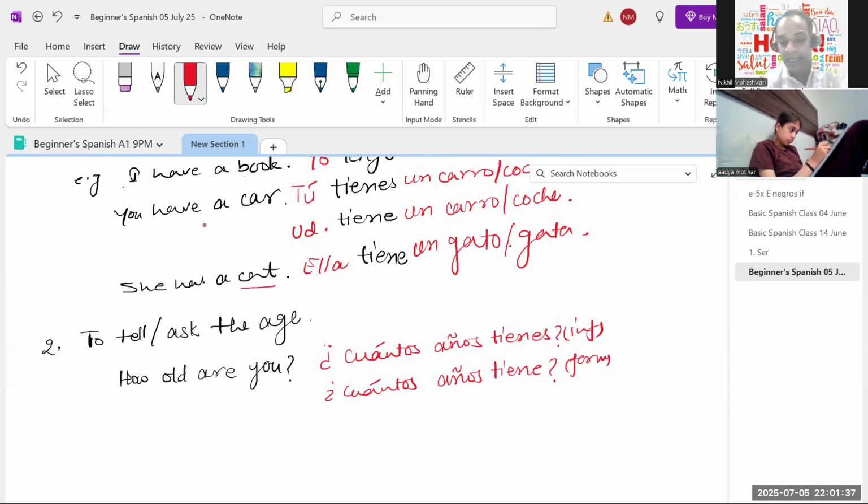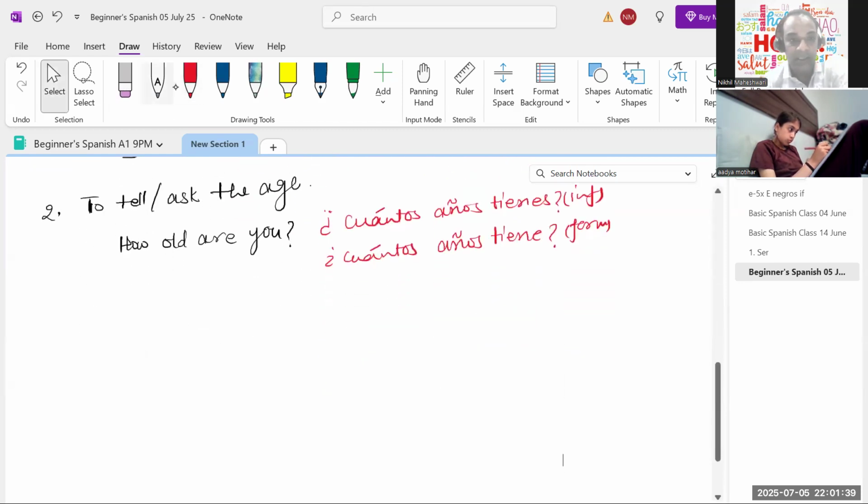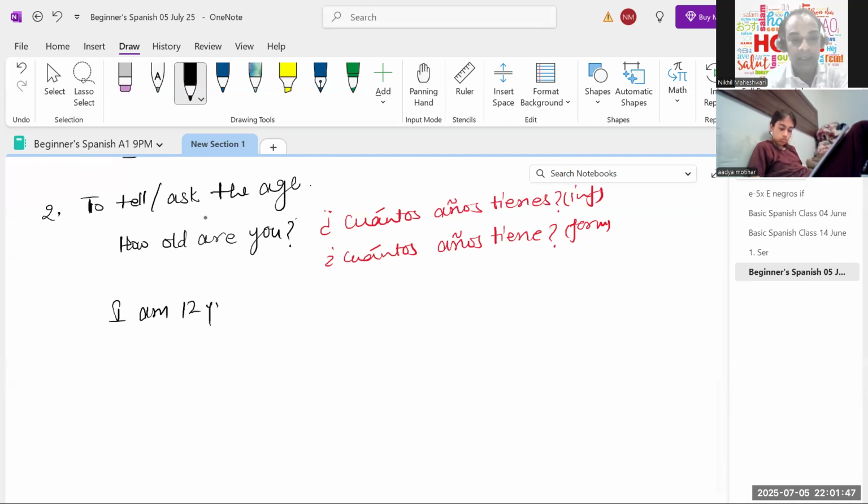Okay. And to answer this question, we again use the verb tener. I am 12 years old. So in Spanish, we use the verb tener and we say, yo tengo 12 años.